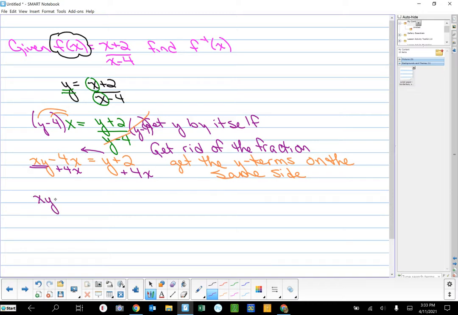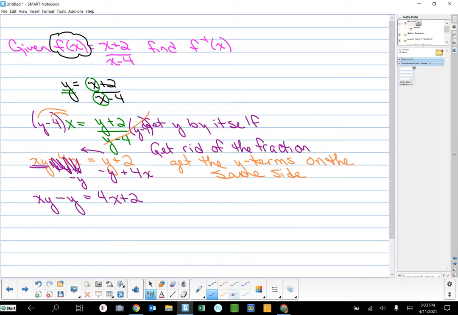So I'm going to have xy minus y is equal to 4x plus 2. Okay, this 4x is disappearing over here and moving over here and being positive. The 2's not moving. This y is moving over here and subtracting off of both sides.